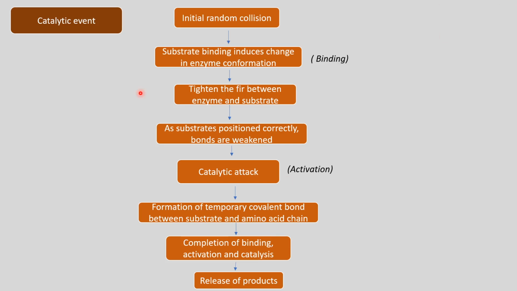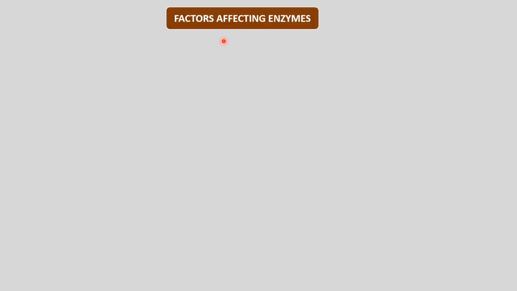Right, so this is the catalytic event which takes place as the enzyme substrate complex is formed. So this model explains somewhat the catalytic event also. So with this we come to the end of the two models. These two models of enzyme substrate interaction are important, and you need to know the difference between both of them.